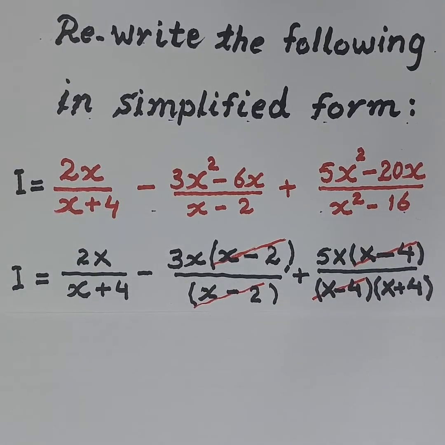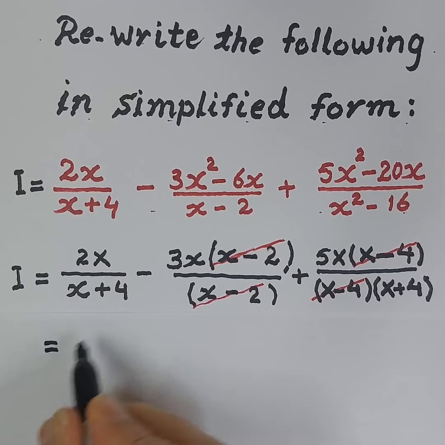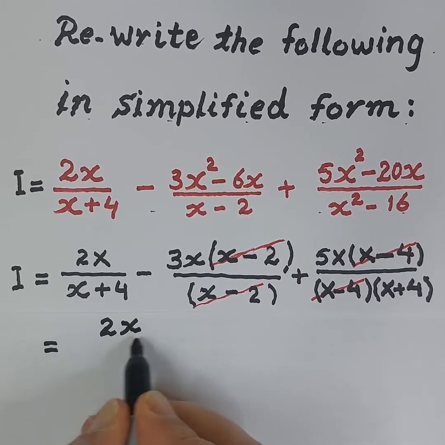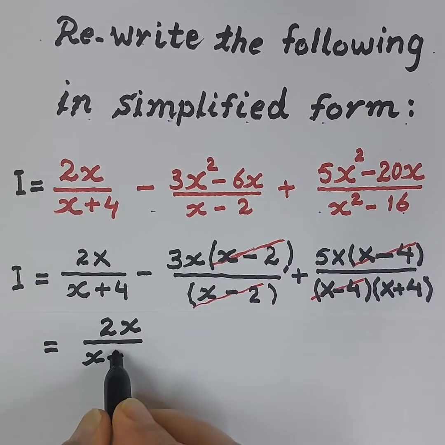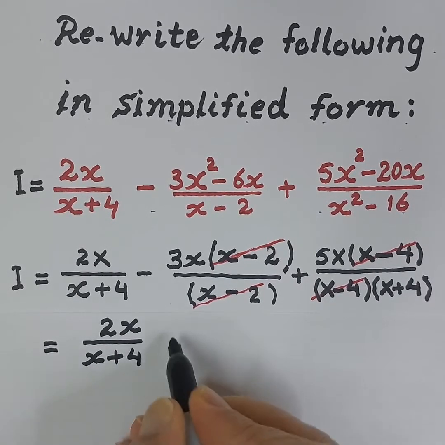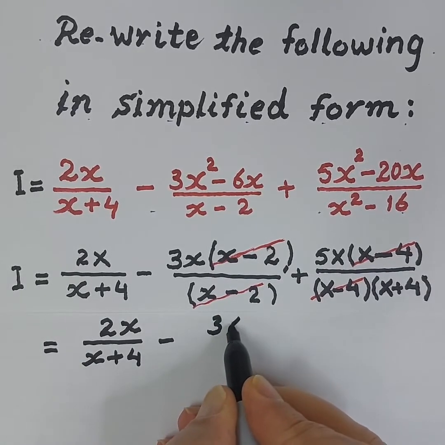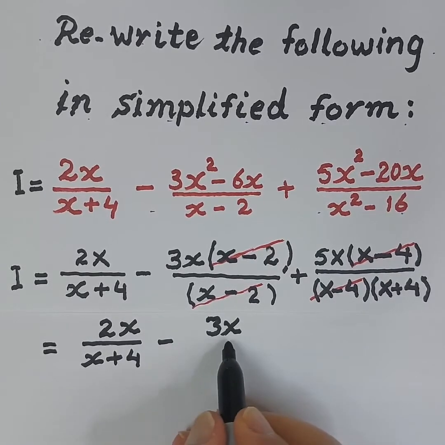Now we will write the results for this step. It's equal 2x over x plus 4, minus 3x in the numerator, and the denominator only just 1.